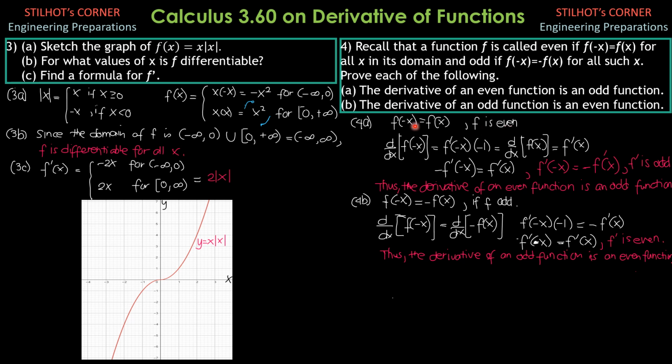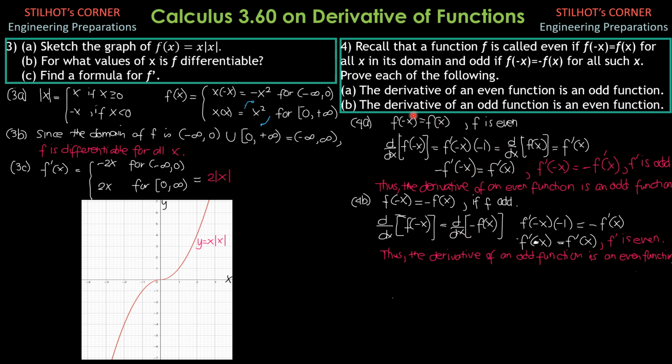So if we differentiate f of negative x with respect to x, it is equal to f prime of negative x times the derivative of negative x, which is negative 1. Therefore, the derivative of f of negative x is negative f prime of negative x.